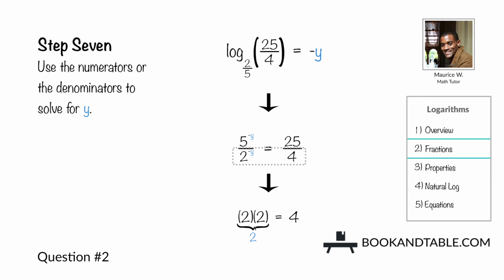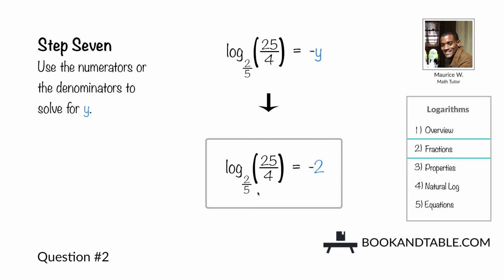And the answer is 2. So in both scenarios, we find that y is 2, which lets us know that a log of base 2/5 of 25/4 is equal to negative 2. So that is the answer to question number 2.